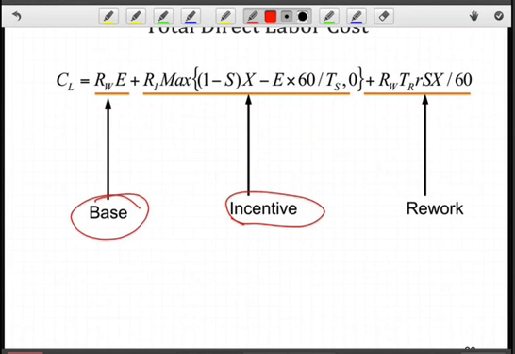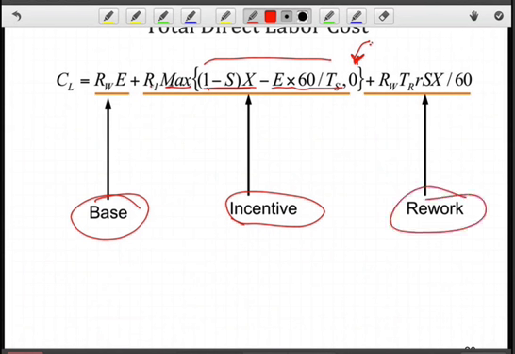Then we had the incentive, which was more complicated in that we had to take the difference between the good parts and the parts that we produced in that standard time frame. This notation here, the max, ensures that we're either 0, because this could be negative. If it's negative, then it'll be 0 times R sub I. If it's positive, then we will be paying incentive.